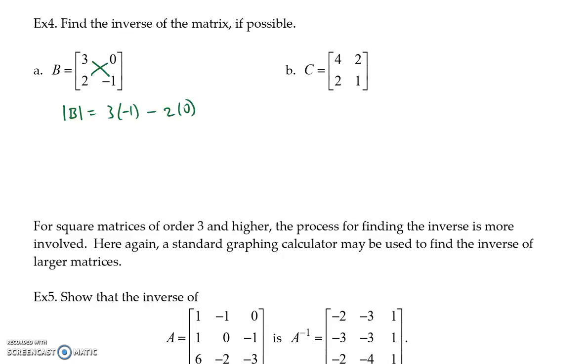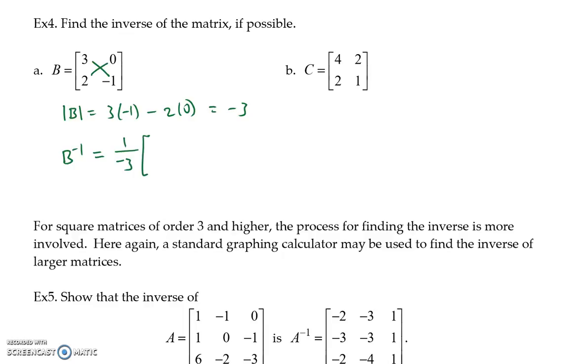That's negative 3 minus 0, so that's just negative 3. So since the determinant of B is non-zero, we can find the inverse.